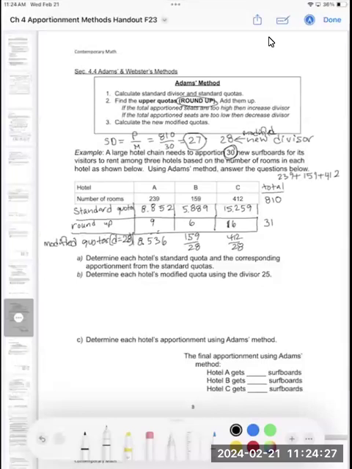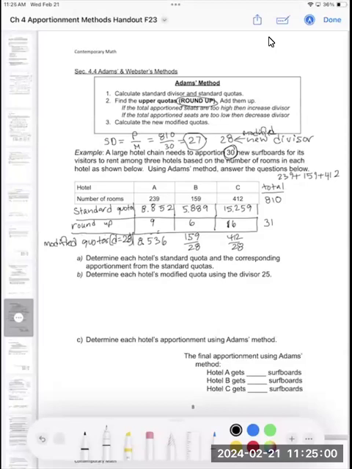So it moved 2 numbers, and that would have been too big of a move for us because we really wanted just one less seat. So that can help you, just by checking that first number and seeing how much it goes up and down from the standard quota, to tell you if maybe you picked a divisor that was too small or too big, before you go do all of them with the wrong divisor.